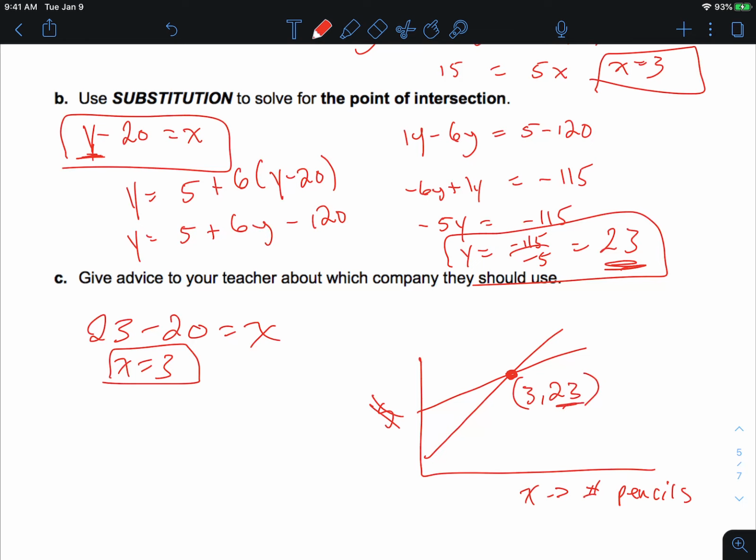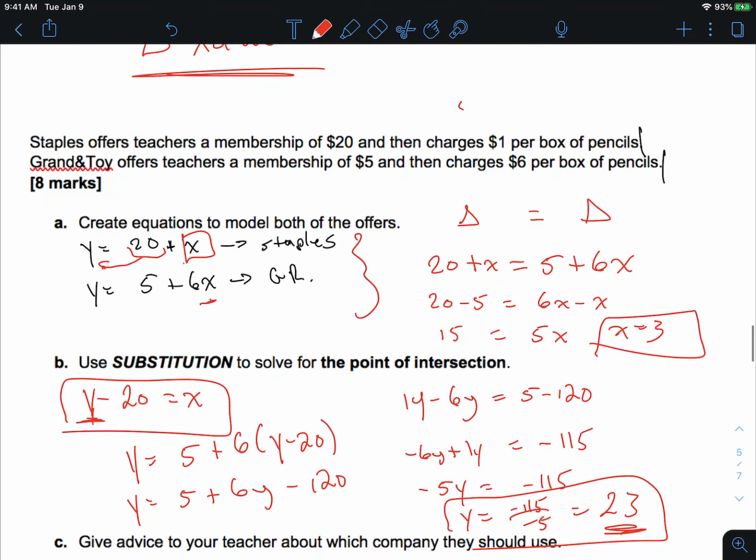Which means you're going to be spending $23 regardless. That's going to occur when they buy 3 boxes of pencils. So when you buy 3 boxes of pencils from either of these guys, the price is the same.